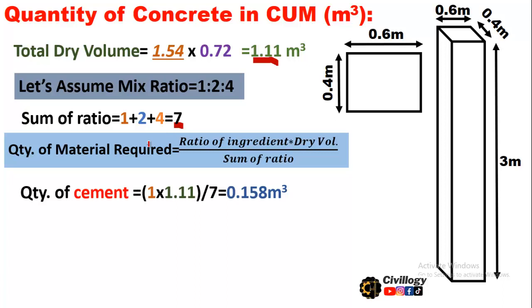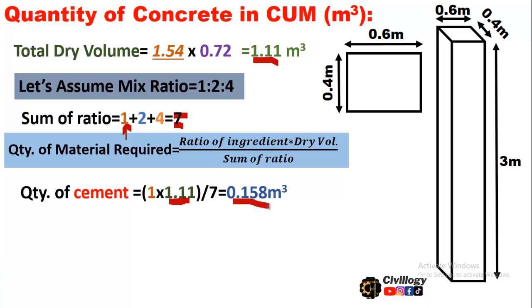So the quantity of cement will be equal to the ratio of the ingredient, which for cement is 1, multiplied by the dry volume divided by the sum of ratio, which is 7, and it will be equal to 0.158 cubic meters.